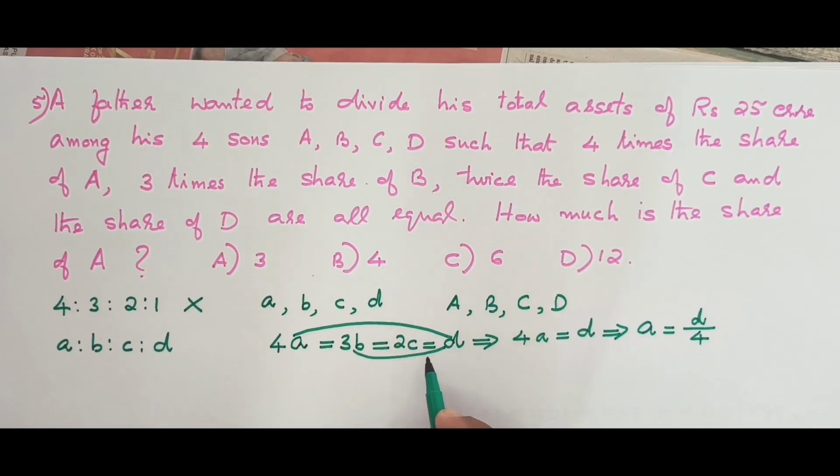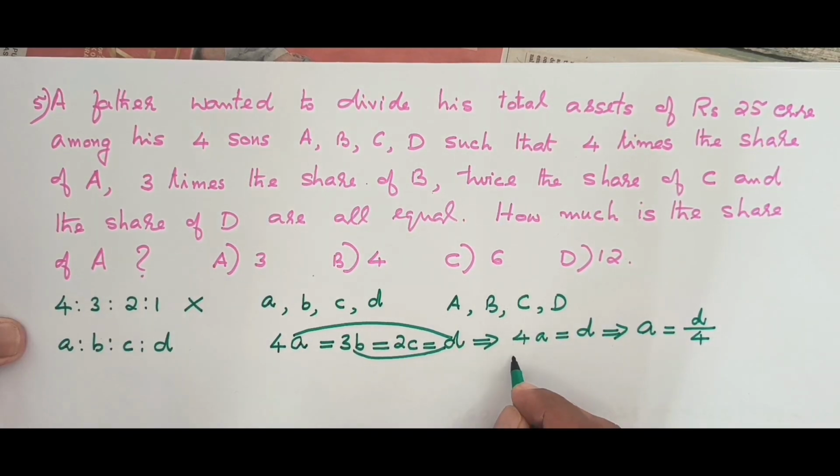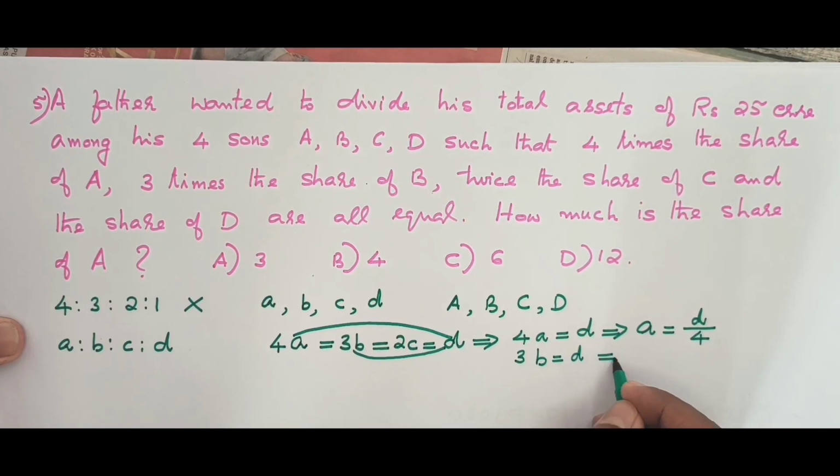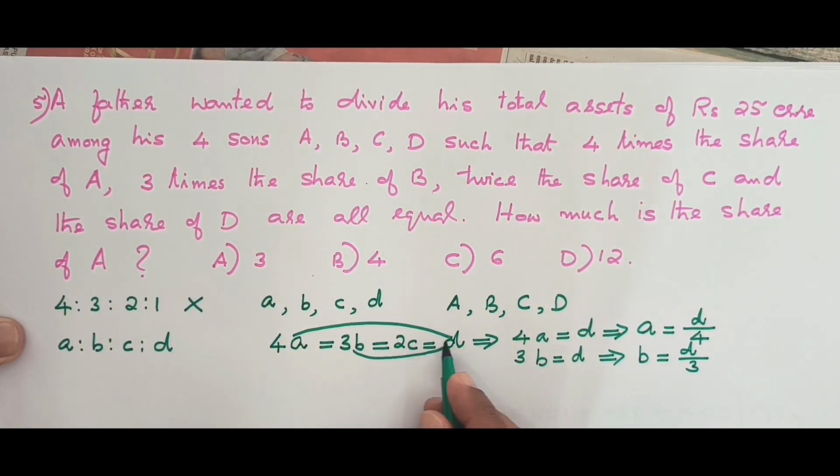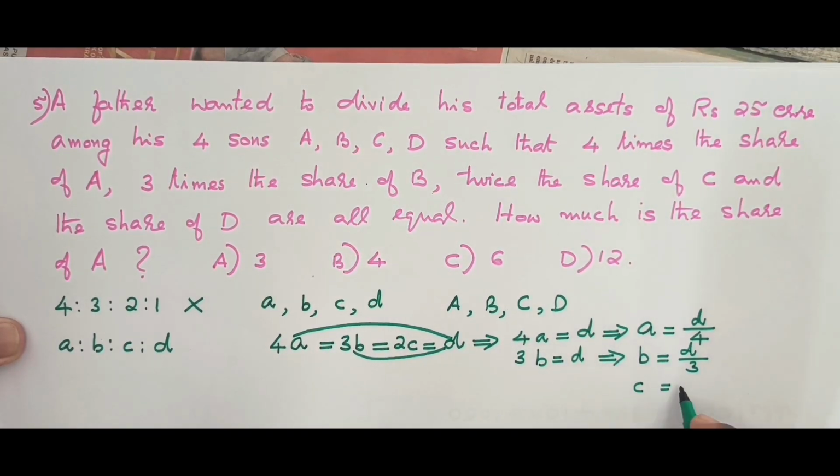Similarly, combining these two, you get 3B equal to D. So B equals D by 3. Similarly, combining 2C equal to D, you can write C as D by 2.